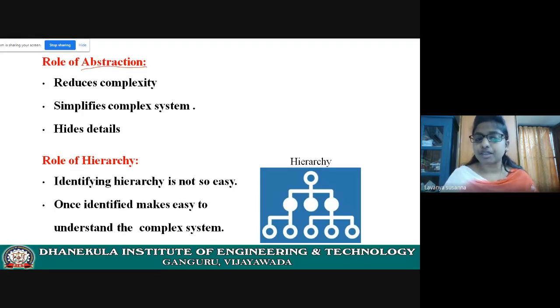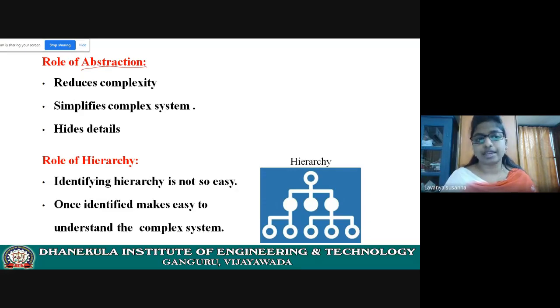When all the components are arranged in some level-wise hierarchical structure, then only you can understand all the parts of the complex system. Each component will interact with each other, and within the component there will be several subcomponents. All those subcomponents must interact with each other in order to see the behavior of the complex system.